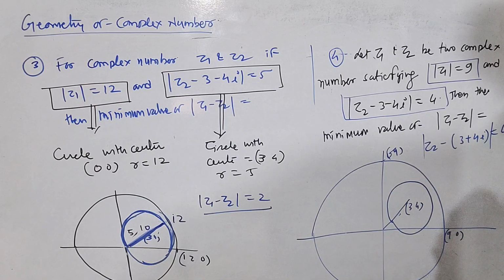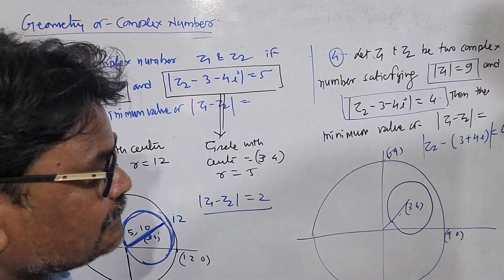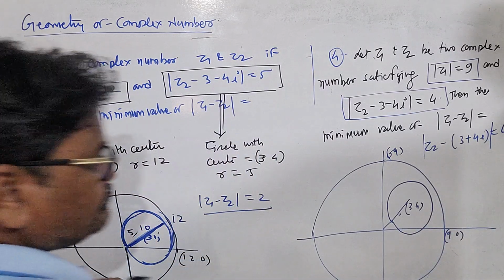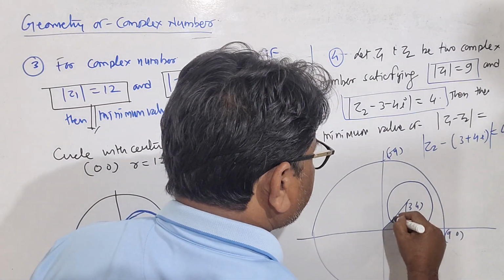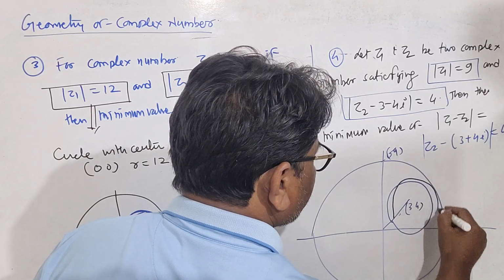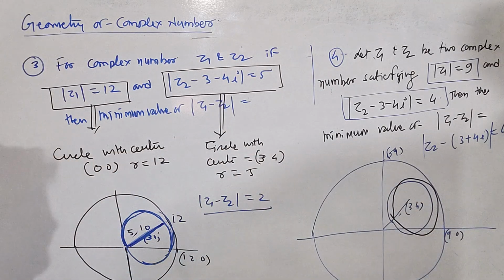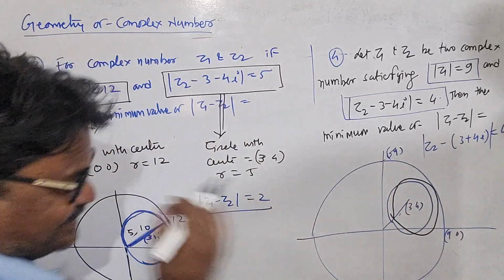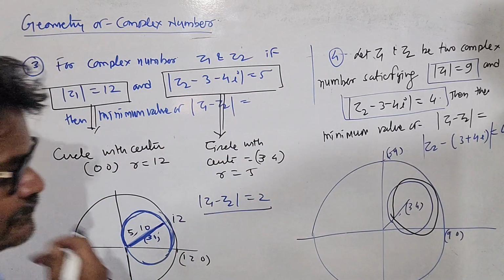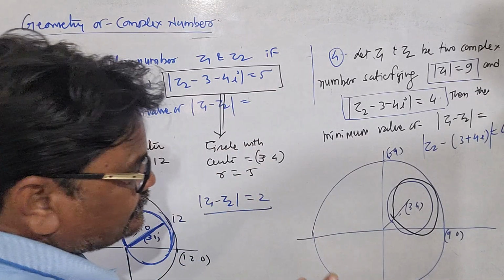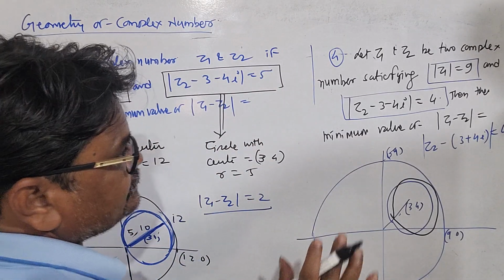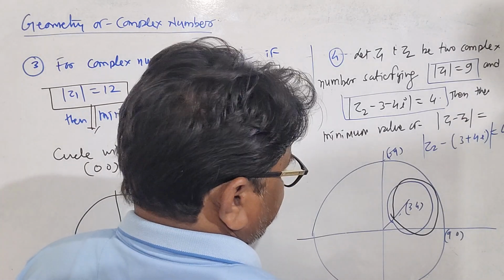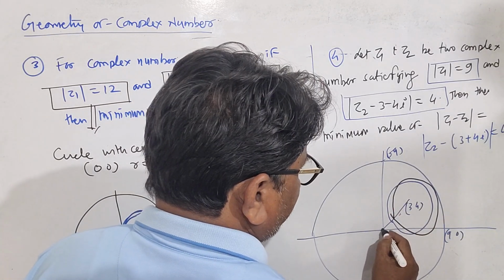But now again the same question comes: is it something like this, or something like this? Whether they are touching or this circle is completely inside the other. The radius of this circle is 4, and this distance is 5.